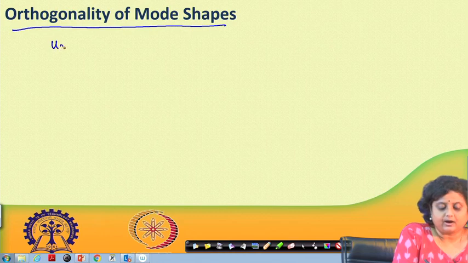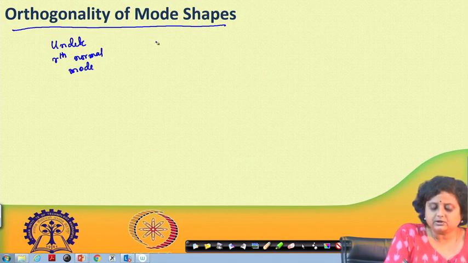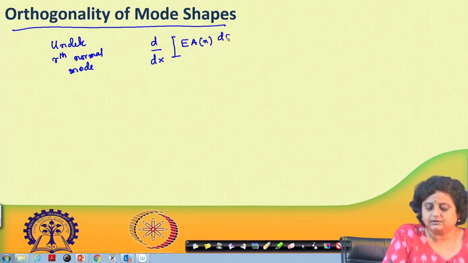So, under rth normal mode, the equation of motion can be written as d dx E A x d phi r by dx.